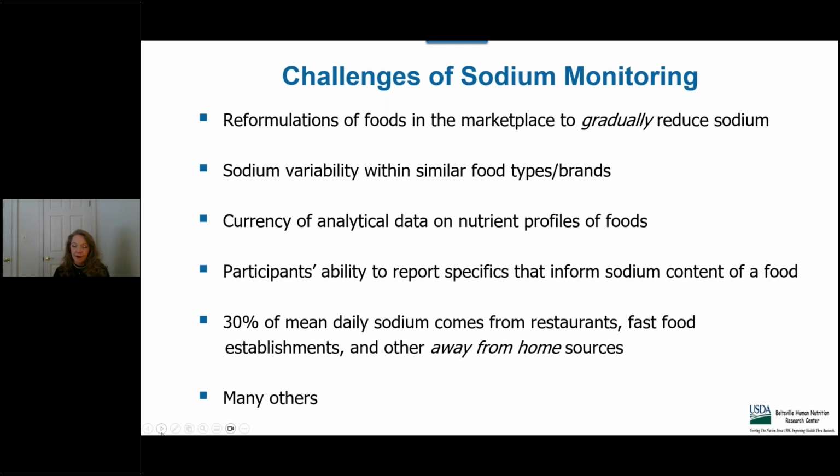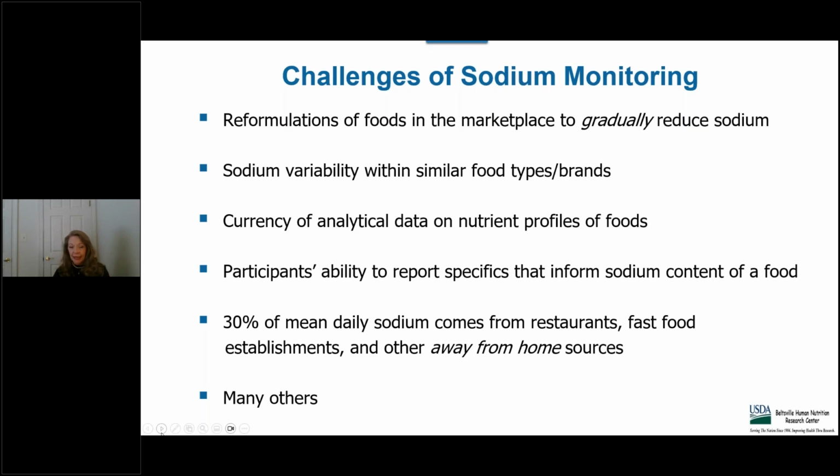Participants' ability in our national surveys to report specifics about foods that they consume that will help inform us about the sodium content of the food, the exact kinds of foods that they are consuming.